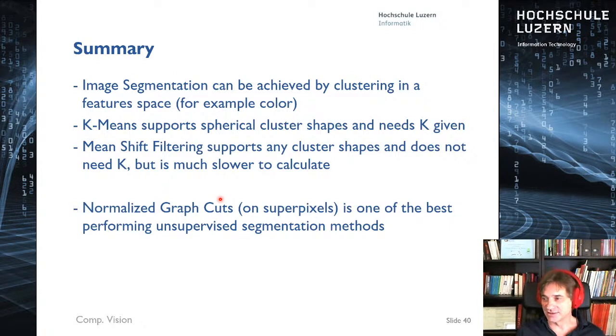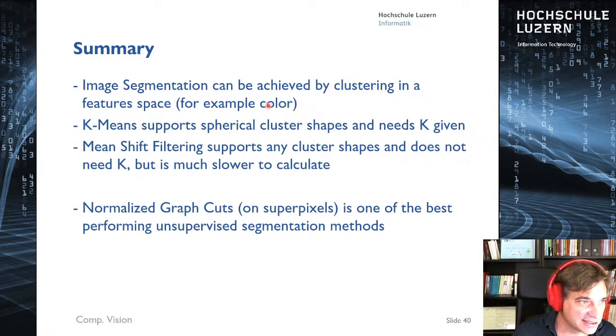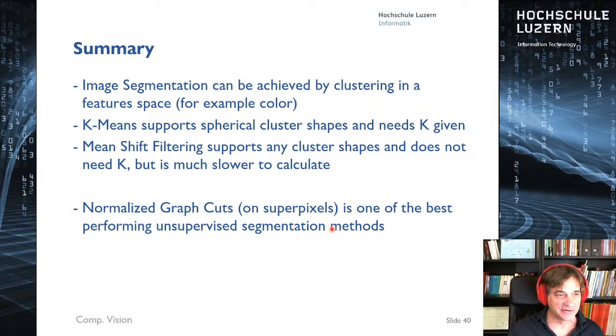Okay, so a summary of what we have seen today. We can do image segmentation by clustering in feature space, for example by colors. We will look at more features in the next lecture for texture approaches.